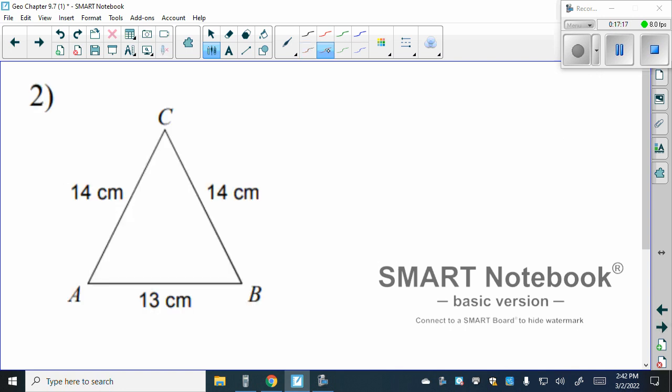Let's look at one more. Now this time we're going to include the side length of 14 twice. Why is that? Because there are two 14s.